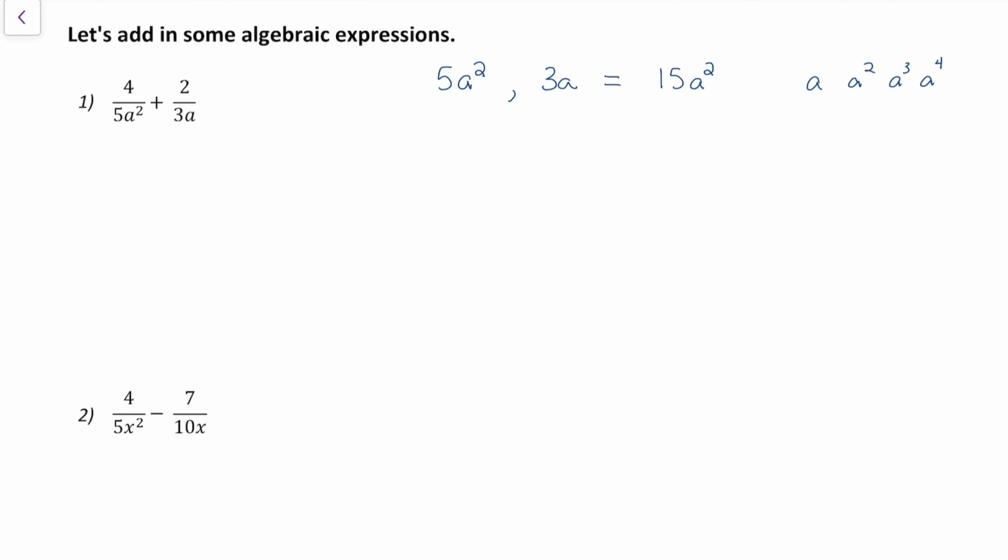Those are the multiples, if you think of it, of our letters. So the lowest common multiple between a squared and a is a squared. I can multiply a by a in order to get a squared. So that means I want the bottom of both of these fractions to be 15a squared.